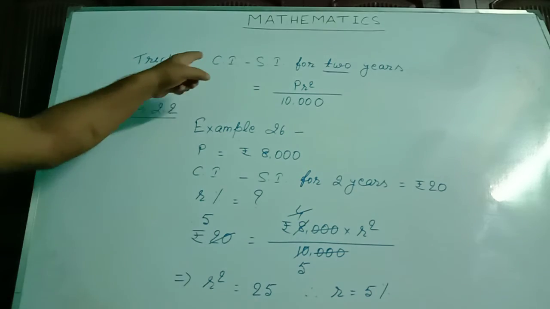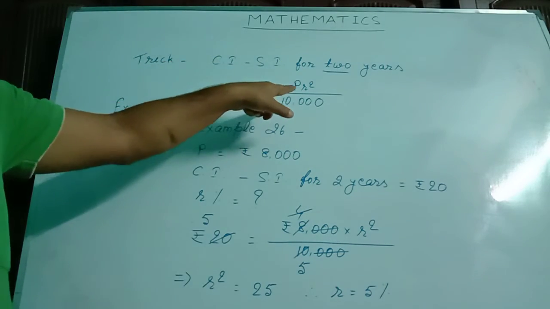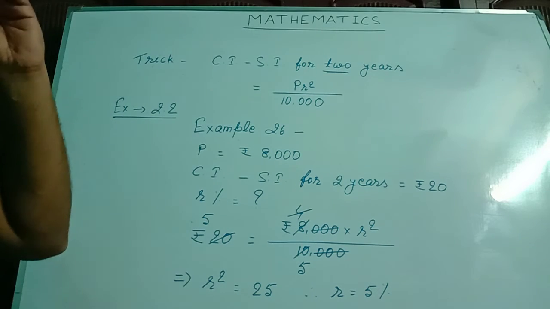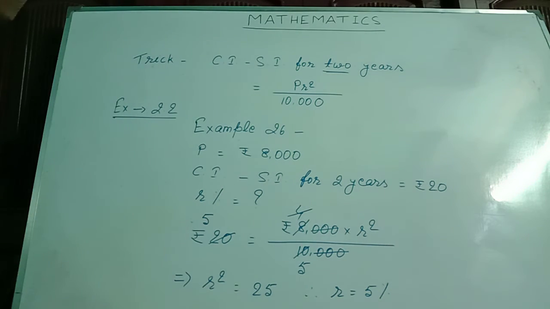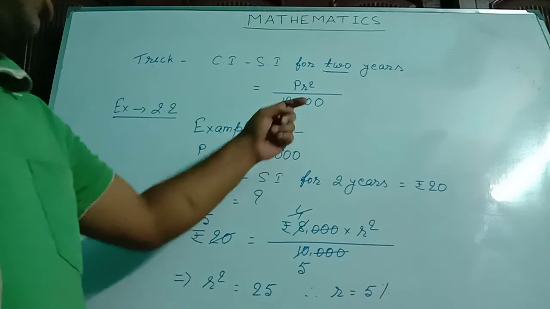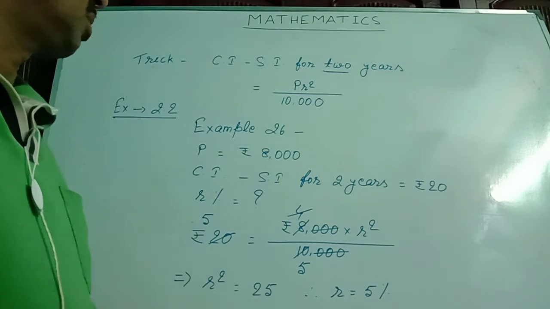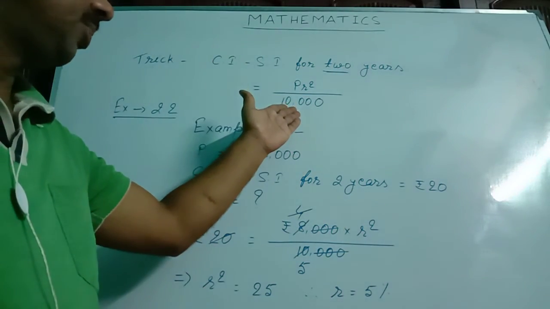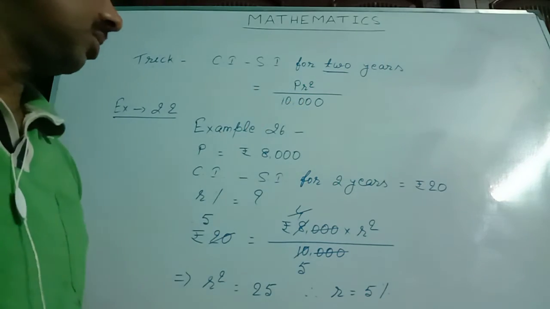So the main trick was CI minus SI for 2 years equal to PR square by 10,000. In today's discussion, we got this trick from the calculation of CI for 2 years minus SI for 2 years, which became the simplified form PR square by 10,000.